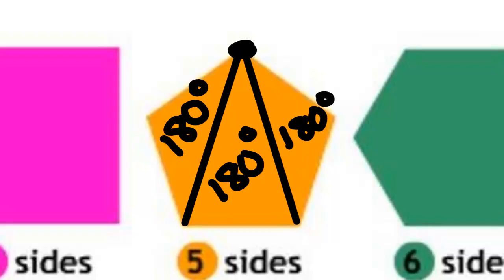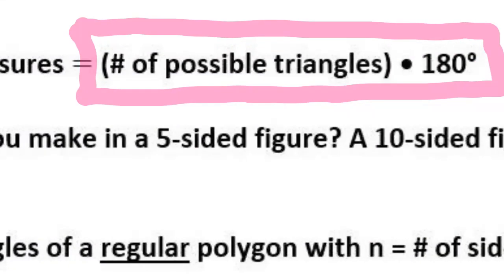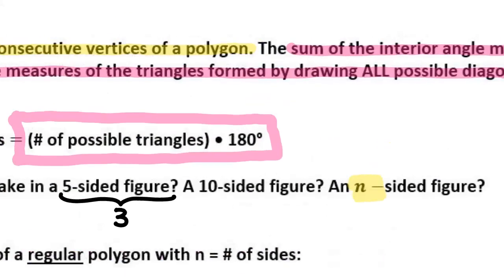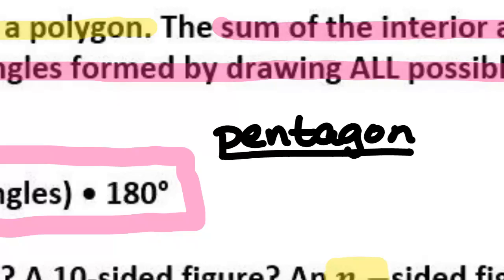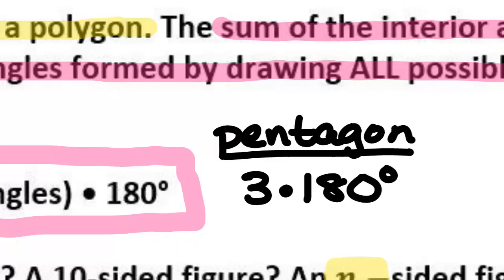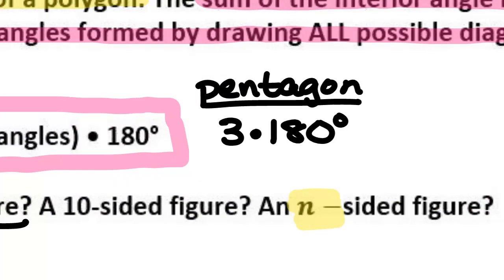On a 5-sided figure, we could make 3 triangles, and we're going to times that by 180. So for a pentagon, we would have 3 times 180. What is 3 times 180? Grab a calculator if you need to. What is 3 times 180?